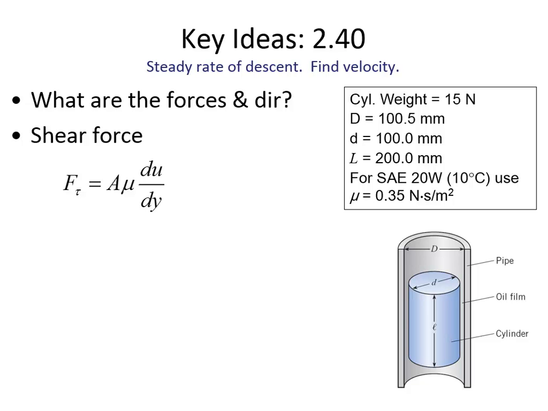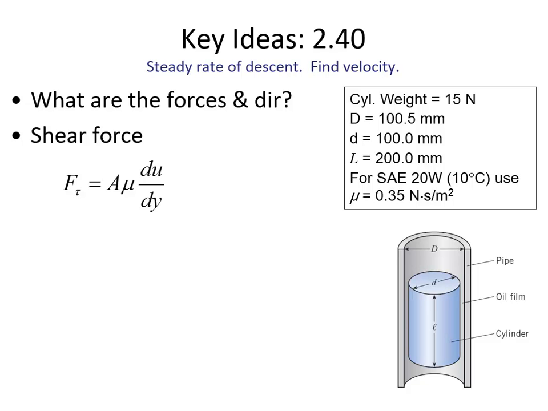For this cylinder, if we had a cylinder falling through a pipe, the oil is pushing up on the cylinder. Where is it pushing up on the cylinder? It's all around it that the oil is pressing on the cylinder. And so me having this arrow here is just basically to show the direction of the force. It's acting all the way around this circular cylinder.